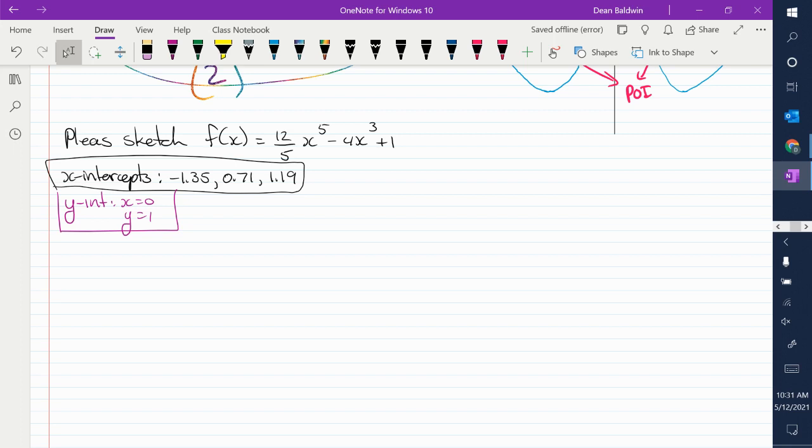Sorry? It's a polynomial, so no asymptotes. All right. So now we're on to the calculus. Yep. So derive it first and second, please. And I'll freeze this and do it.